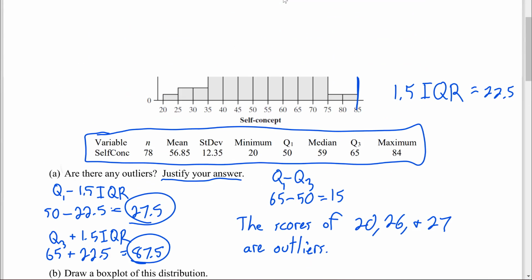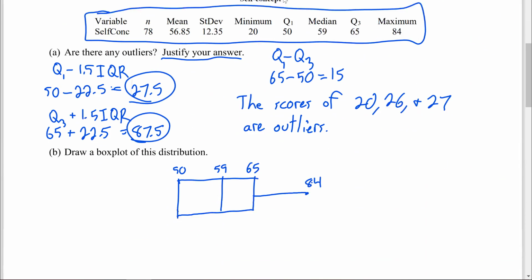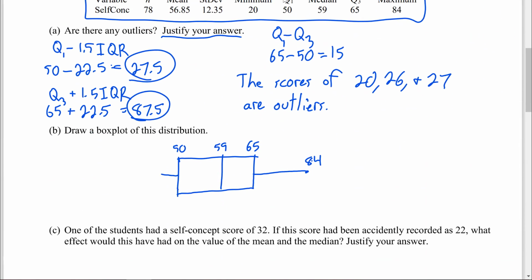Now, this is where those outliers are going to come into play. If those three are outliers, my whisker on the left-hand side is going to end at 31. So it's going to be about the same size, just about 20. And then I'm going to put 3 dots at 27, 26, and 20. So the 3 dots indicate outliers.